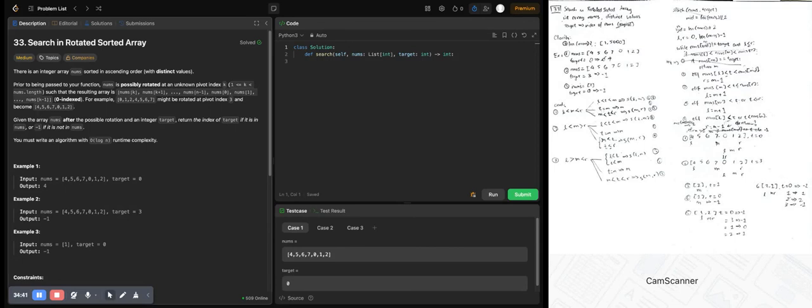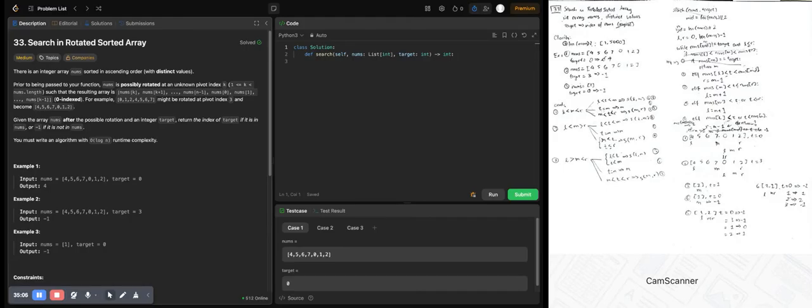Okay, so we forgot to set the mid value at the end. So put it here. Mid is right minus L plus 1 divided by 2.